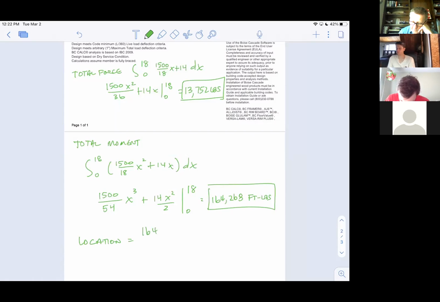If I divide these two, I get 11.945 feet.